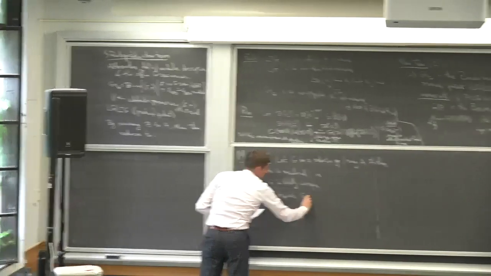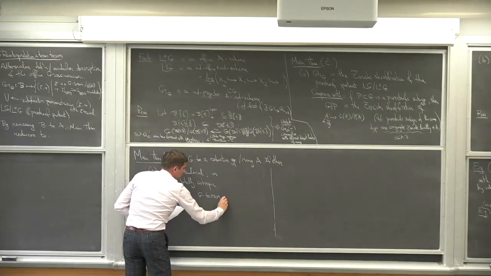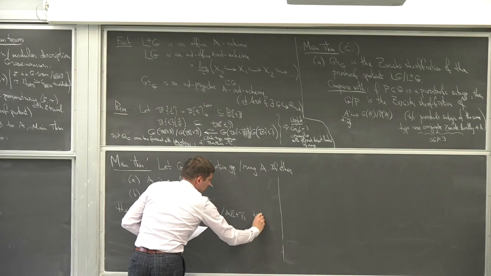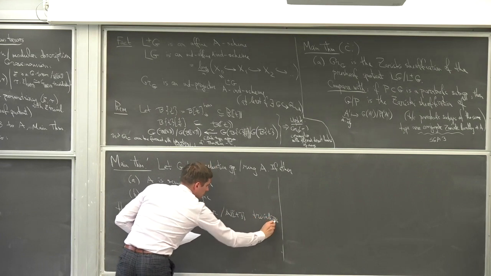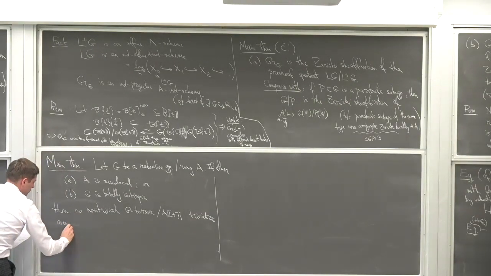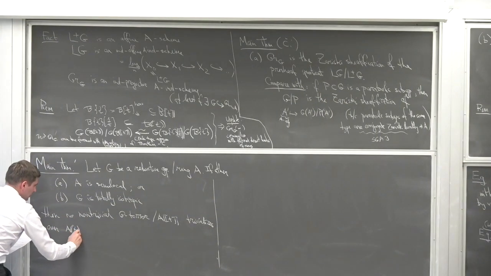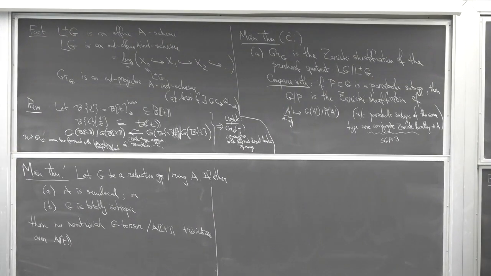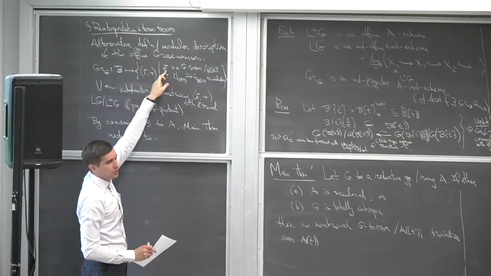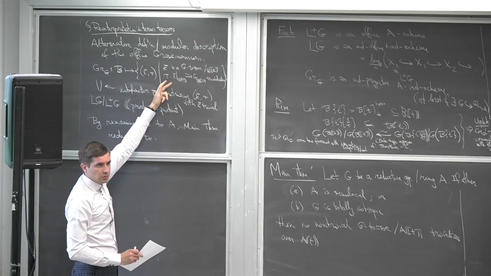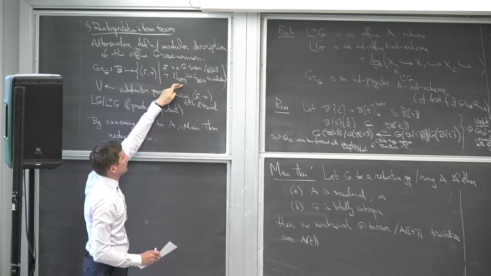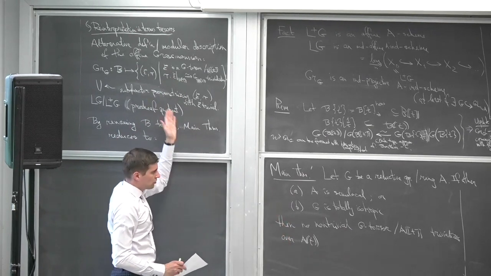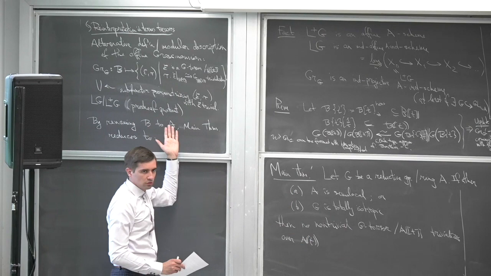Okay. So if these assumptions hold, then no non-trivial G-torsor over A double square brackets T trivializes over A double round brackets T. In terms of this modular description, that's just saying that this torsor E that appears there is trivial, right? Because it must be trivial, since it is trivial after inverting T. So this main theorem prime is just saying that if the torsor becomes trivial after inverting T, then it is trivial to begin with.